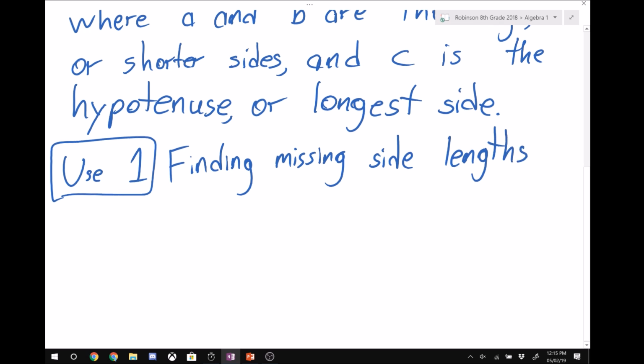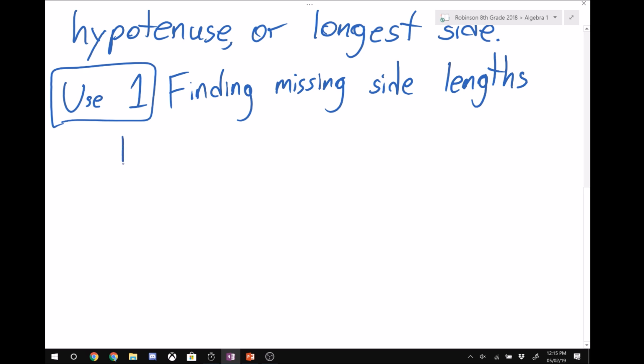So if we have a triangle, and it is a right triangle given by the little right angle symbol in the corner, and I know two of the sides, for example, I know that this side is 3 and this side is 4, I can use that to find the last side.